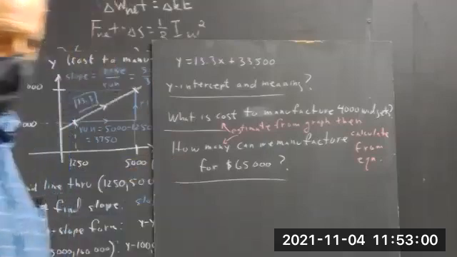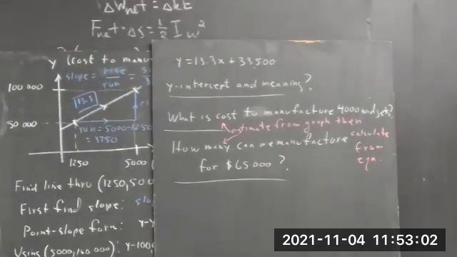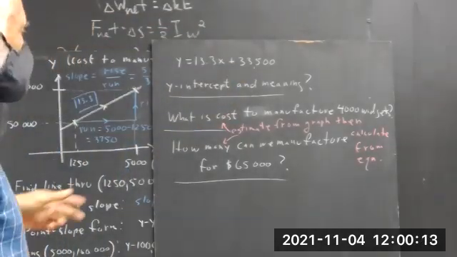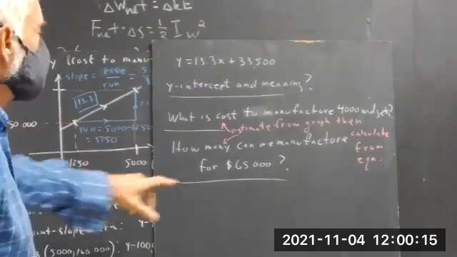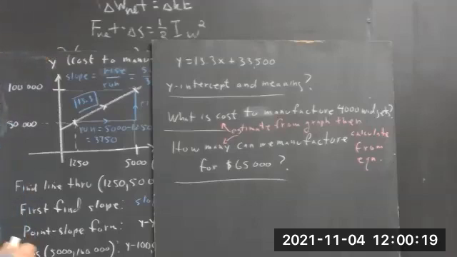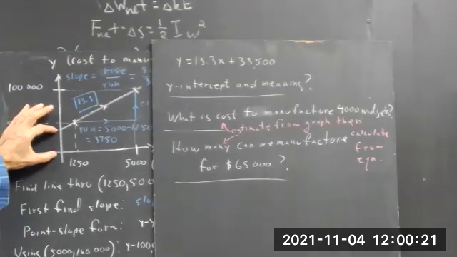What are these questions? Okay, so we want to know the y-intercept, what it means. And we want to estimate these from the graph. Let's estimate the y-intercept from the graph. Okay, well, if that's 50,000, what's that look like? That looks like 47,000. About 40,000.